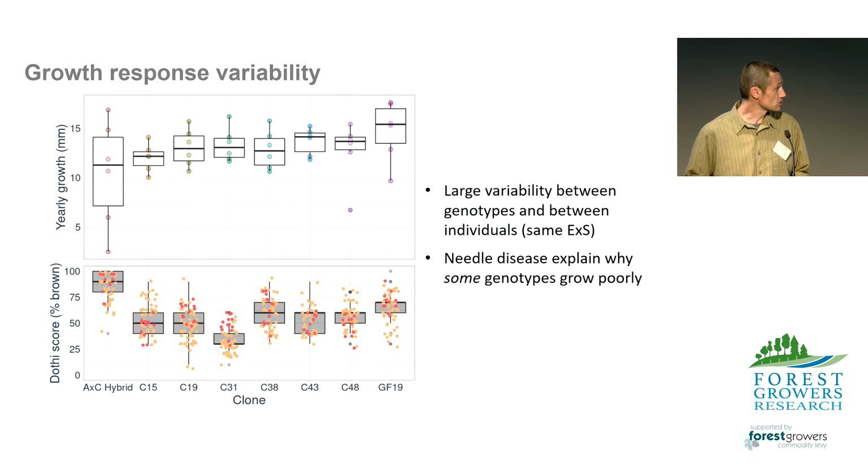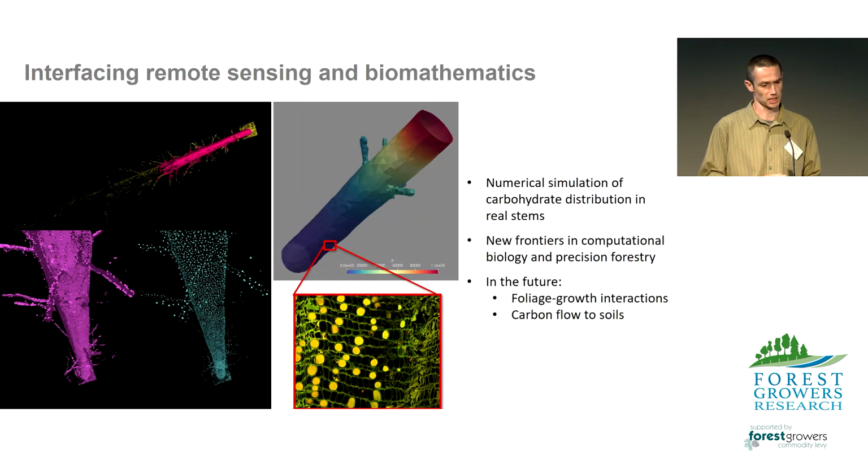Some of the genotypes, like C31, were more resistant than the others, but in terms of growth, it didn't translate well. So sometimes it's a good explanation. Sometimes you need to look at other factors in the microsite to explain why the growth is changing.